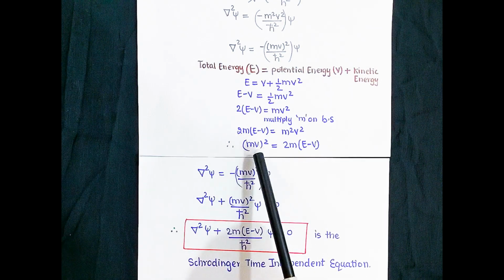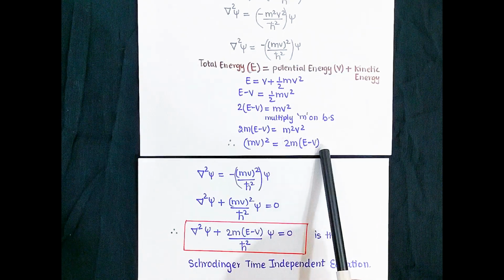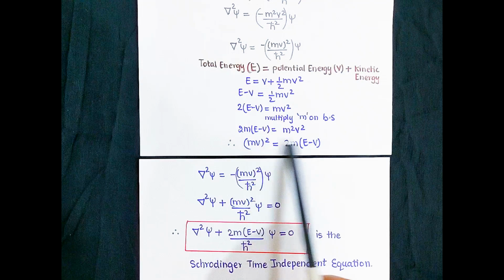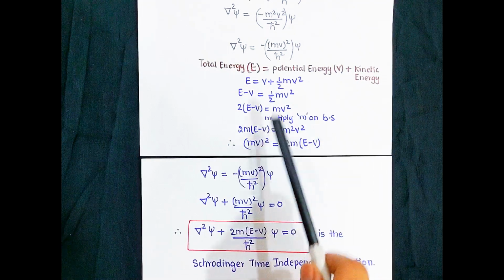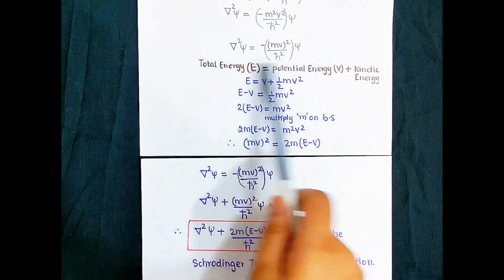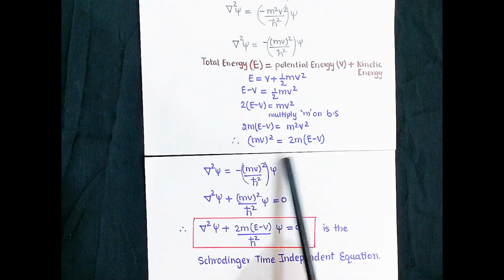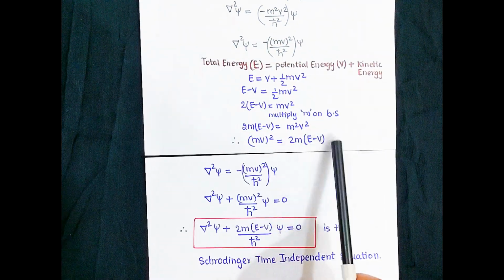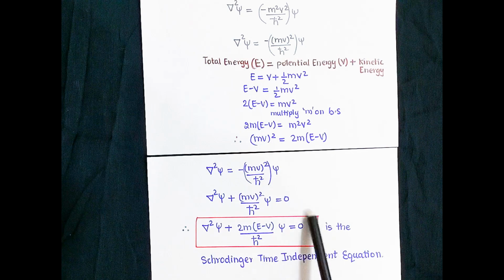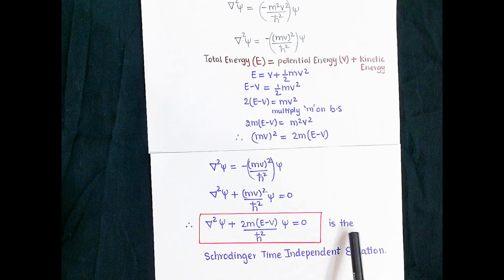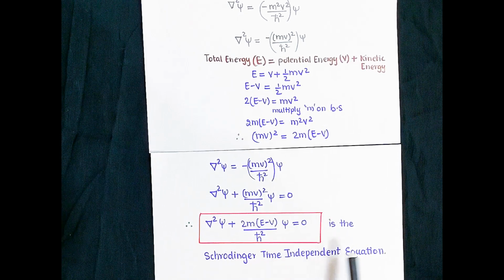As we got (mv)² equal to 2m(E − V), we are substituting this 2m(E − V) in the (mv)² that we had got before in this equation. So on substituting, we will get this equation, and this is the Schrodinger time independent equation.